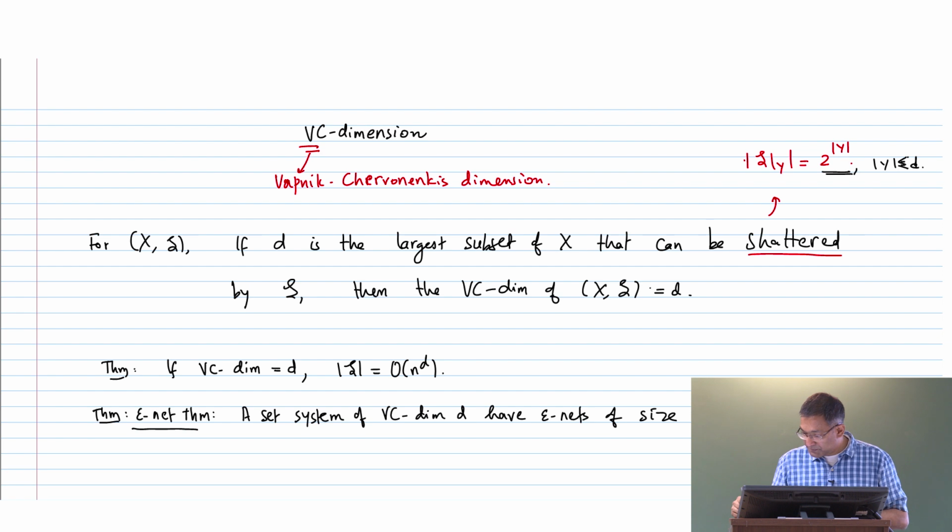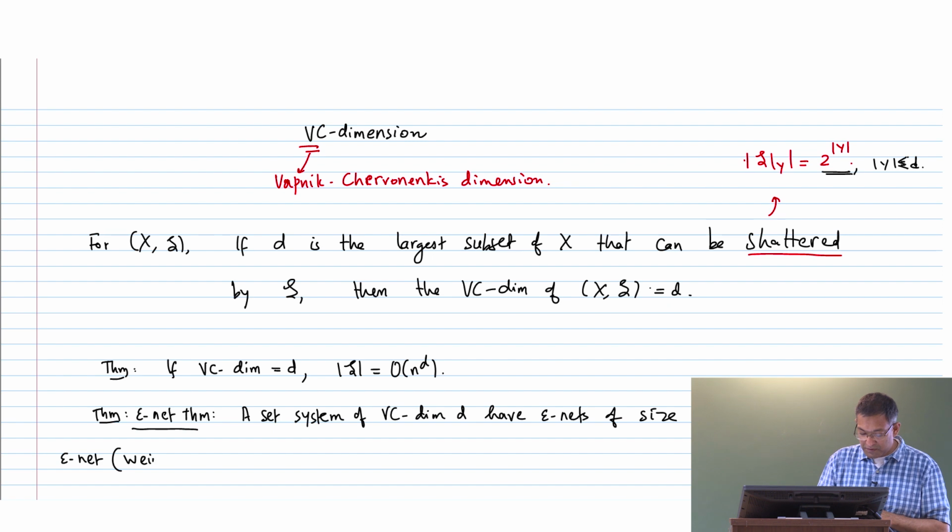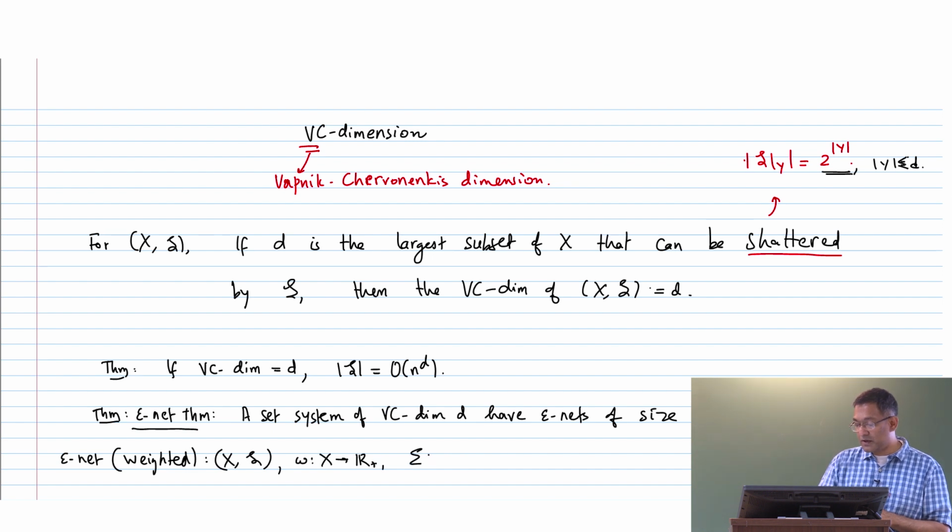So let me say epsilon net, weighted. You have a given set system and a weight function, and let's say we normalize it so that the total weight of the points is 1.